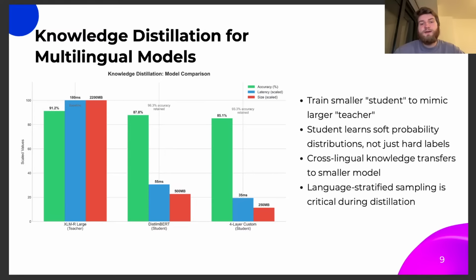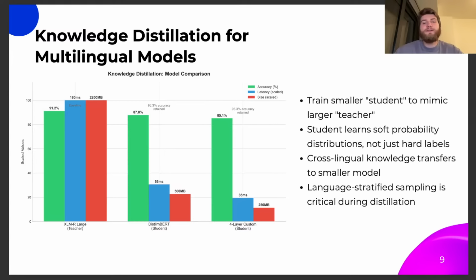And student custom 4-layer model, 85.1% accuracy, 35 millisecond latency, and a quarter of a gigabyte model size. So the 4-layer student achieves 93% of the teacher's accuracy with 5 times lower latency and 9 times smaller size, and that's quite a massive win.